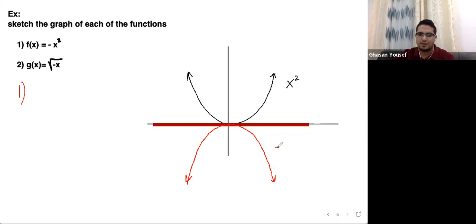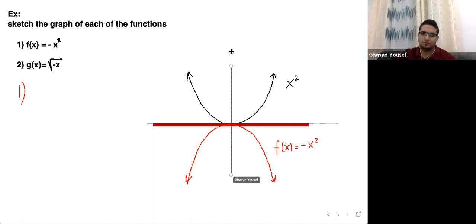So this is f of x equal minus x squared.